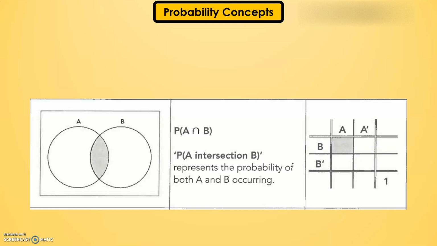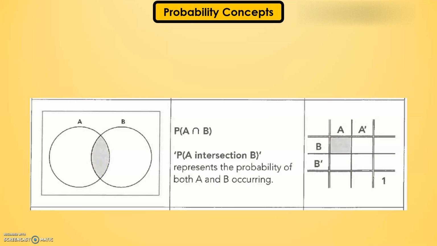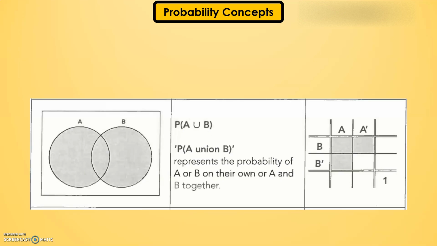If we talk about the intersection of A and B, that's section 2. Okay, so the union of A and B, and this is one that normally confuses people, is that we're talking about regions 1, 2, 3. And that's when it doesn't matter if you don't have both, as long as you've got one, you're in that grouping.